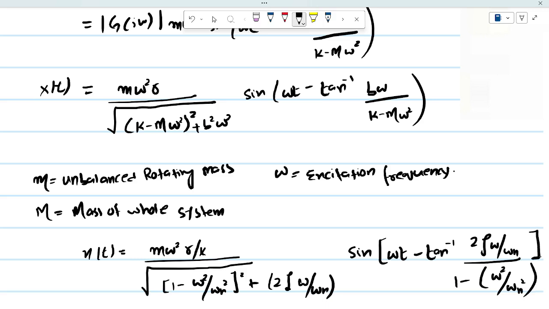So that's the complete solution of a system that is being excited because of the unbalanced rotating mass. So that's one of the scenarios.